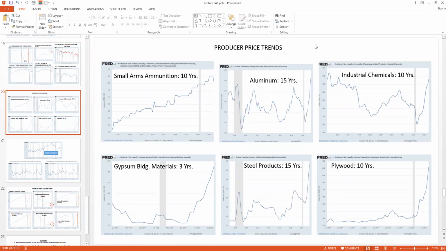Here are some trends in producer prices. And again, you can see aluminum and steel. Rather remarkable, because the big consumer industry for both of these basic metals is automobiles, and in the case of aluminum, also aircraft. And yet both the auto and the aircraft industries during the pandemic have declined, yet the prices have gone up.